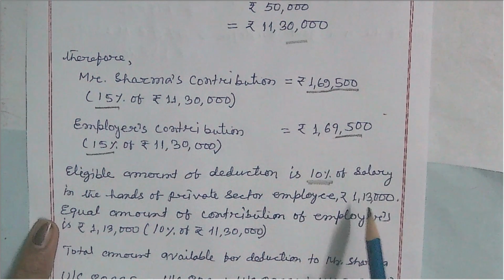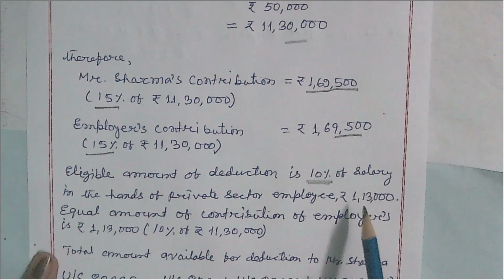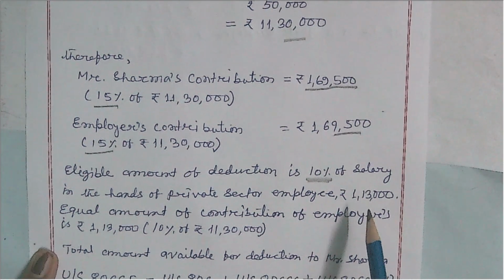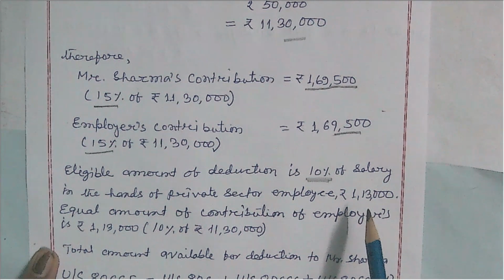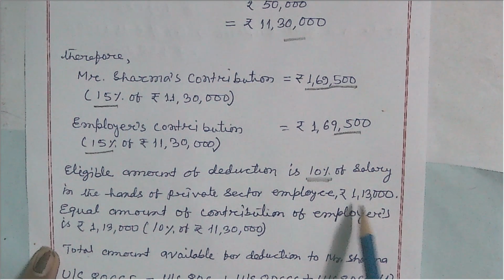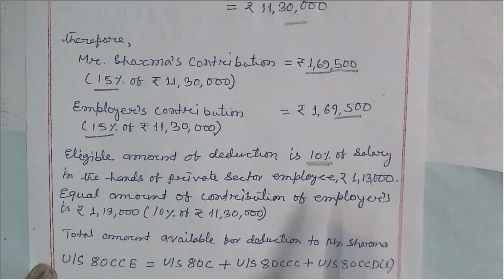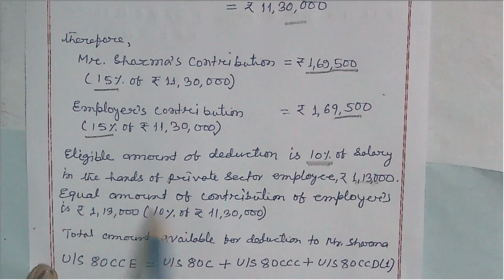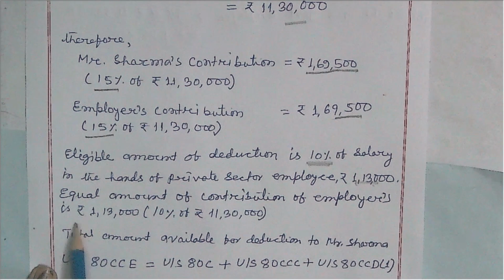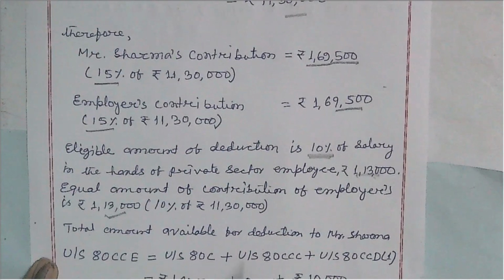It is claimed as deduction in section, but the whole amount is not available for deduction because section 80C has covered some amount, so the balance amount shall be taken from here, 1,13,000. This is the eligible amount, and the employer's contribution is the same, 1,13,000.